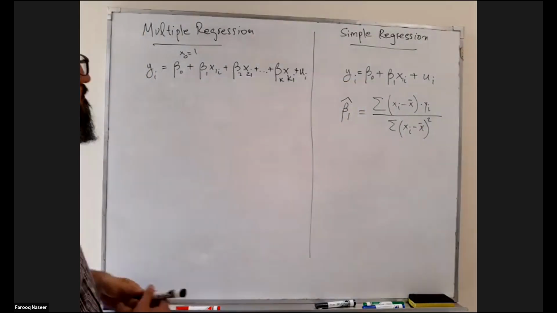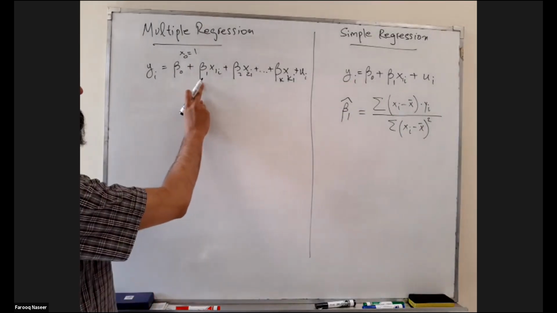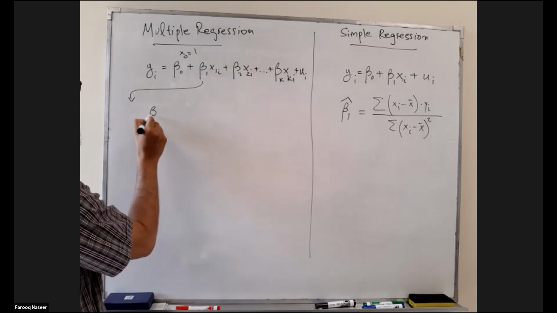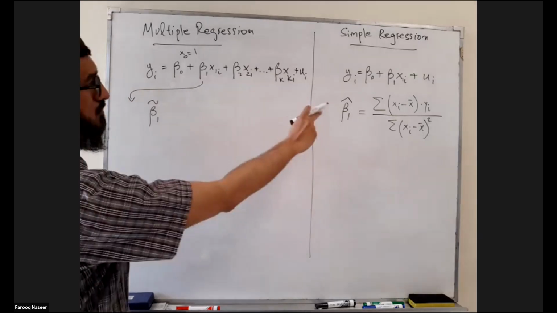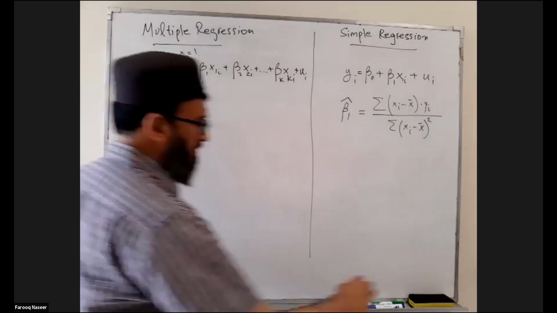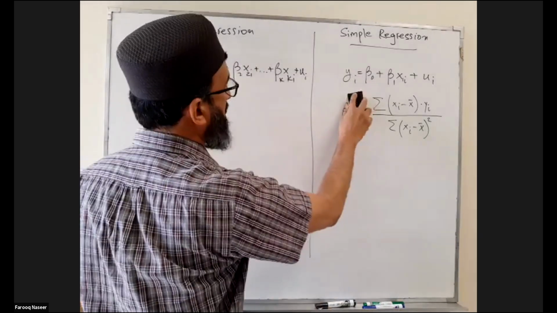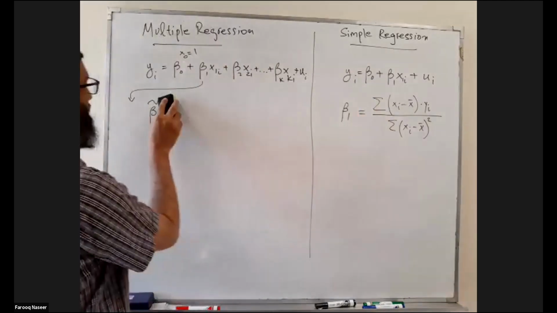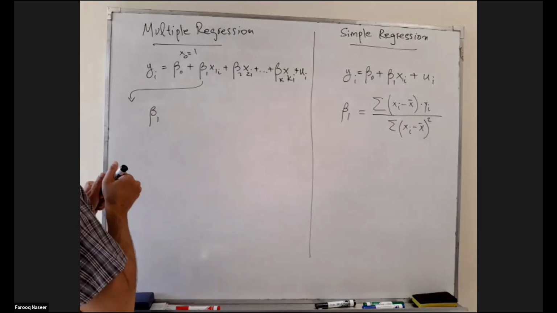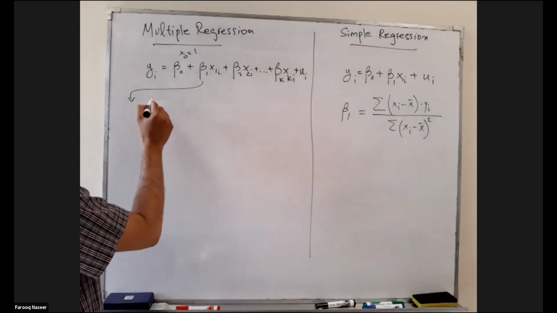Over here, if I wanted to know the OLS estimator formula for beta 1 hat, actually let me call this one tilde and this one hat just to distinguish them, because we will see that there are different formulas for it.